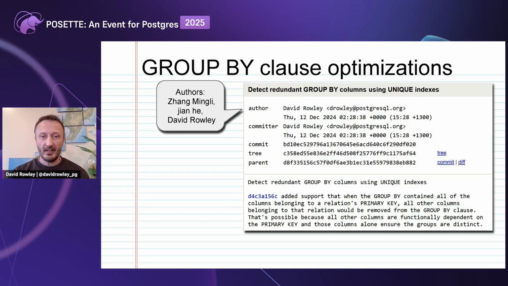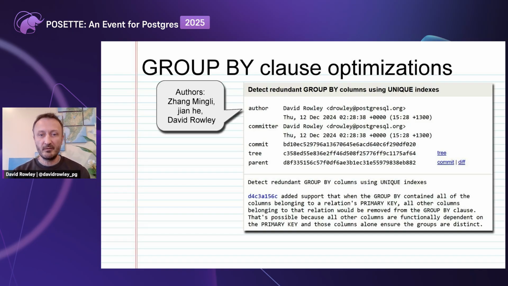And why that can happen is that if you have a group by clause that contains the primary key and then some additional columns from the same table, because the primary key is guaranteed to be unique, having those additional columns in the group by clause doesn't make it any more unique. So we can just silently get rid of those and return the same results.